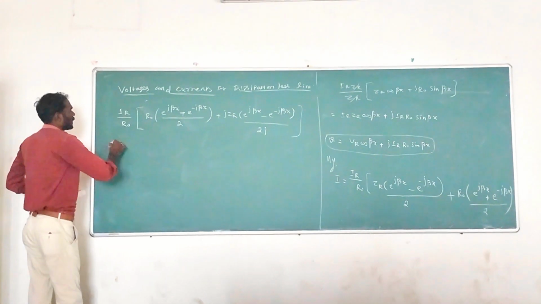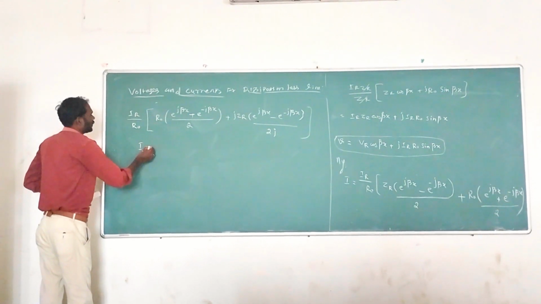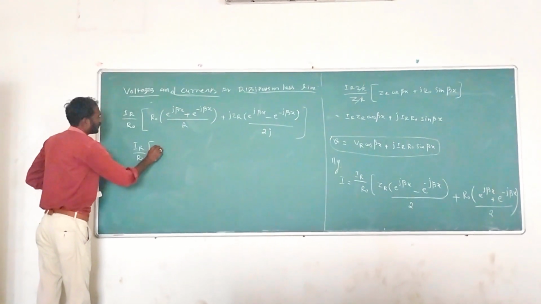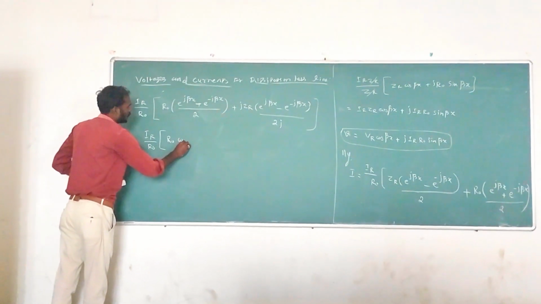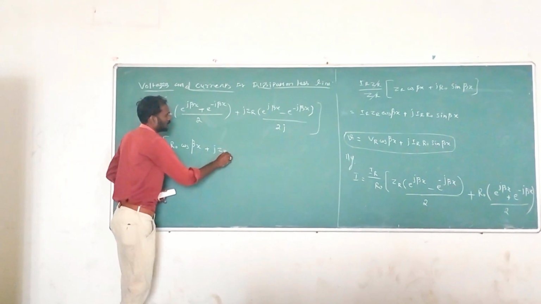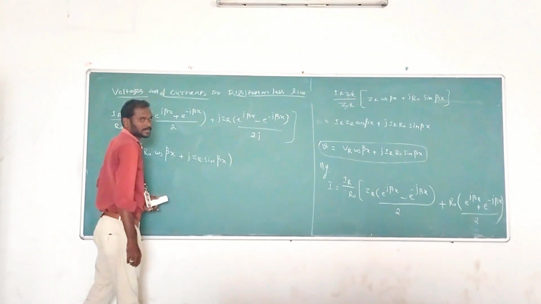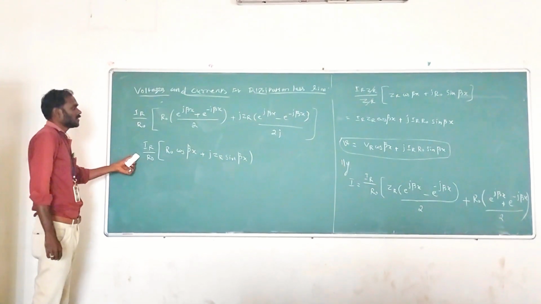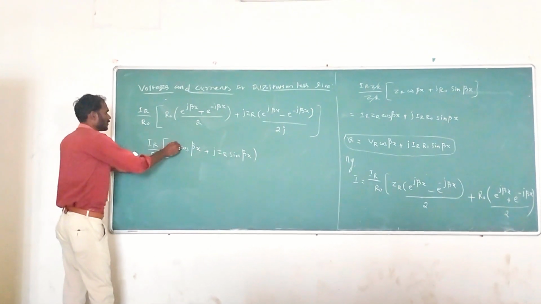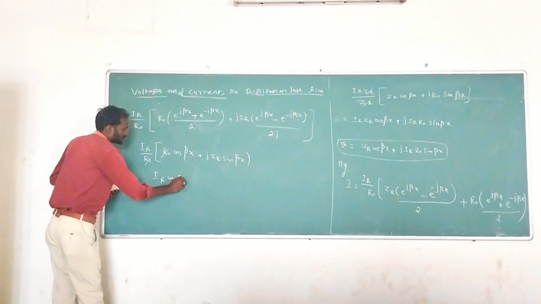So the R naught, IR by R naught into cos beta x plus j ZR sin beta x. So IR, this R naught and this R naught cancel. So IR cos beta x.